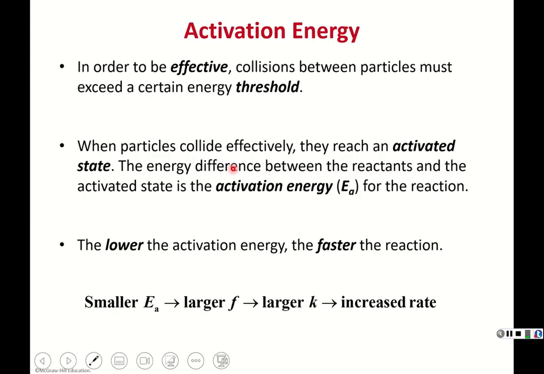So this activation energy is really like a threshold that you have to overcome to be able to effectively follow through on the reactions. Right, the lower the activation energy, the faster a reaction can occur because that barrier is not as big, so it's easier to overcome. So the smaller that Ea is, the larger the frequency of effective collisions you can have, thus the larger your rate constant would be and your rate would increase.